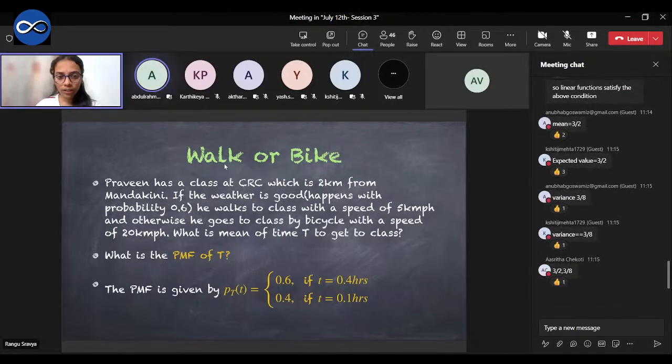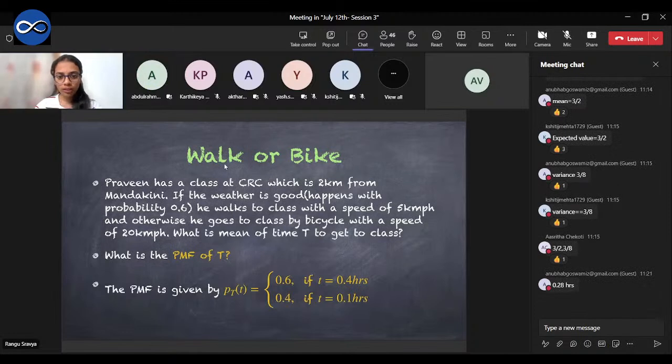And if he goes by cycle, then speed is 20, so he takes the time of distance by speed, which is 2 by 20, that is 0.1 hours. He goes by bicycle with a probability of 0.4. So 0.4 if t equals 0.1 hours. This is the PMF of time. Just calculate the time by distance and speed, and then put its probability there.